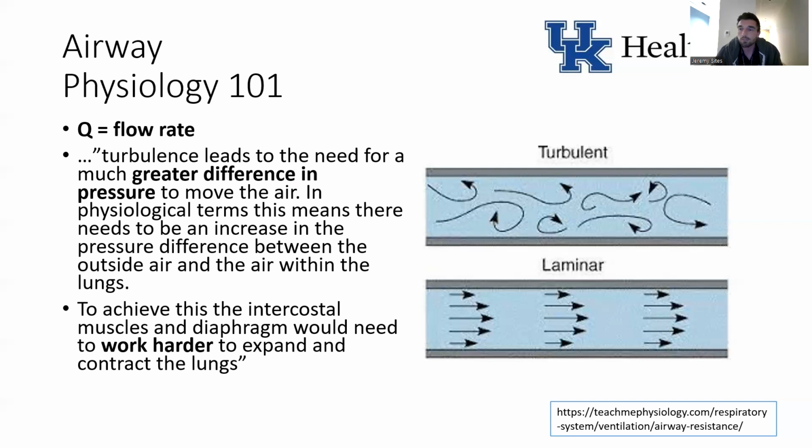How does the body accommodate for that? Remember Poiseuille's law. The radius is smaller, so resistance is high. How do we accommodate that when we think about Ohm's law?